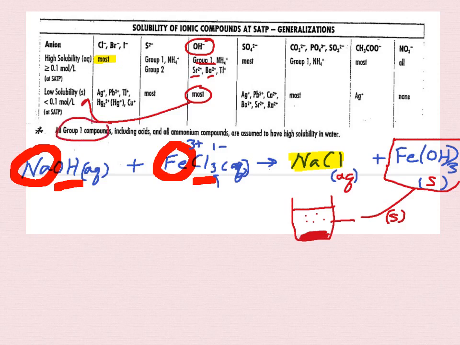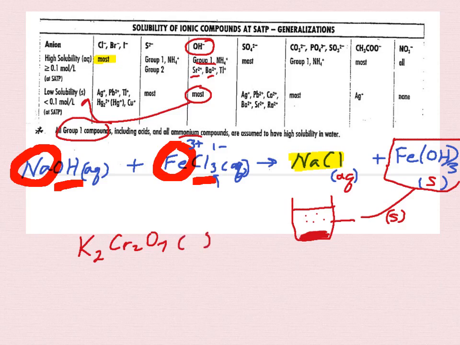All group 1s are soluble. All ammoniums are soluble. All nitrates are soluble. So say I gave you a weird compound again, something like potassium dichromate, K2Cr2O7, and I want to know if that will dissolve.